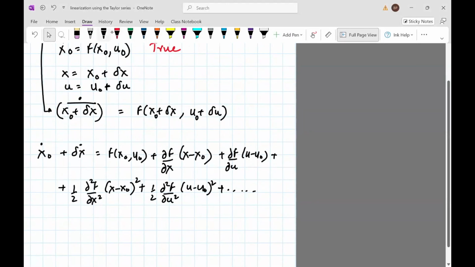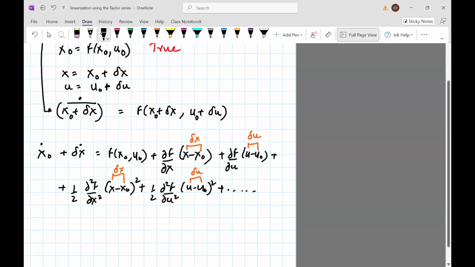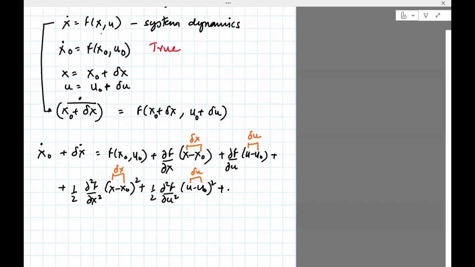We'll substitute x minus x0 as delta x, and u minus u0 as delta u. And you can write here high order terms, which are high order terms in delta x and delta u.